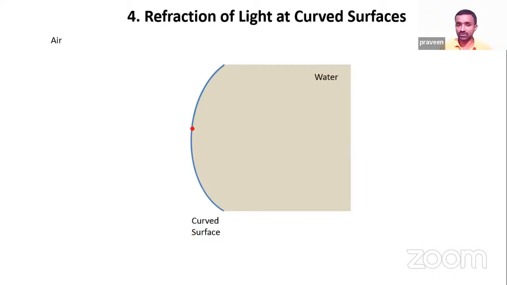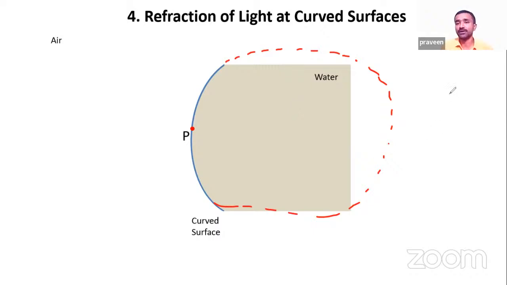Then on that curved surface, on the curvature, we have a midpoint. That midpoint is called the pole, represented by P. Then imagine this curvature is a complete figure. What will you get?